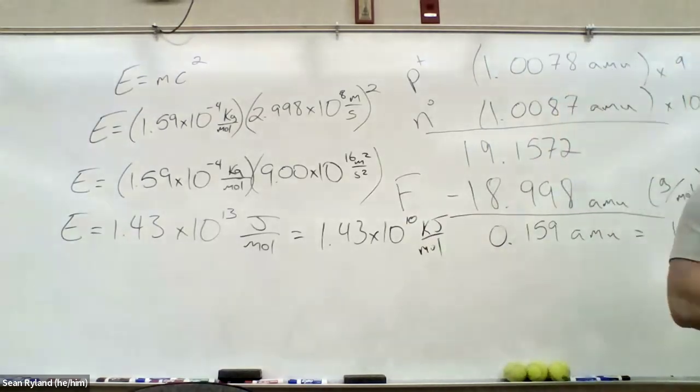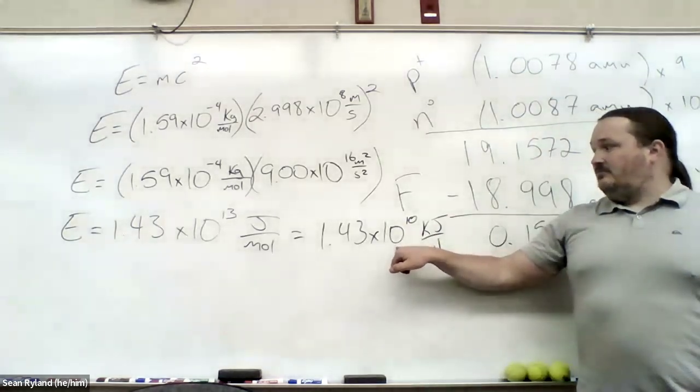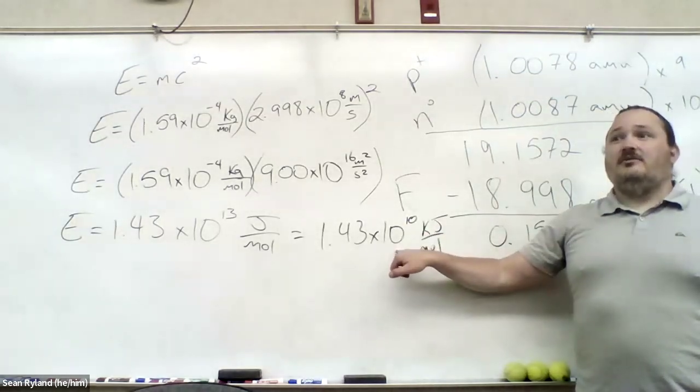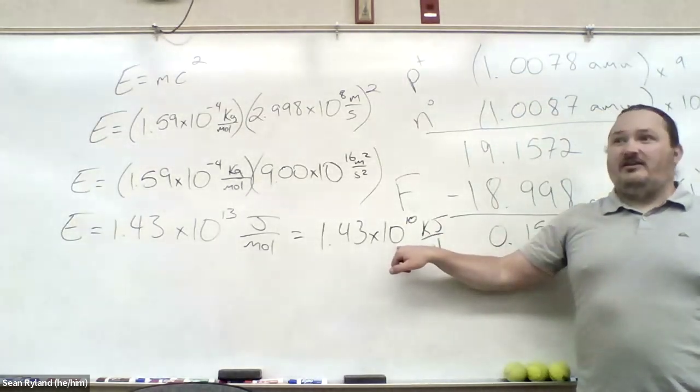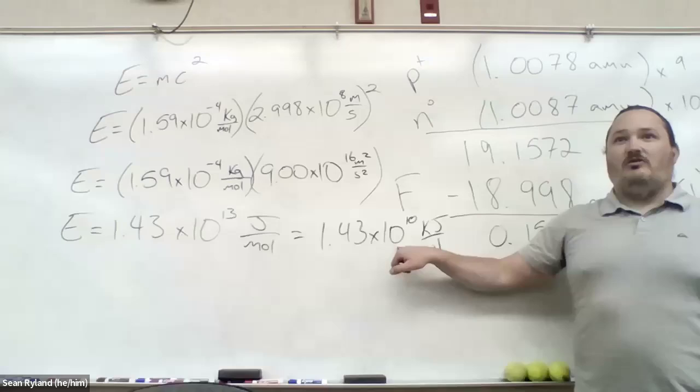So to put that number into context, combustion of gasoline is something like 2,000 kilojoules per mole. This is 10 to the 10, right? 10 to the 6 is 1,000,000 kilojoules per mole. This is something like 14 billion kilojoules per mole.